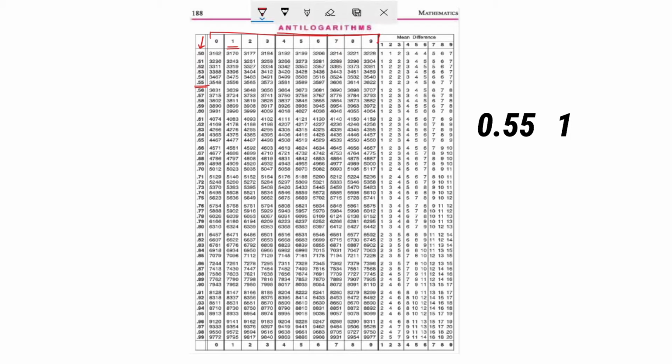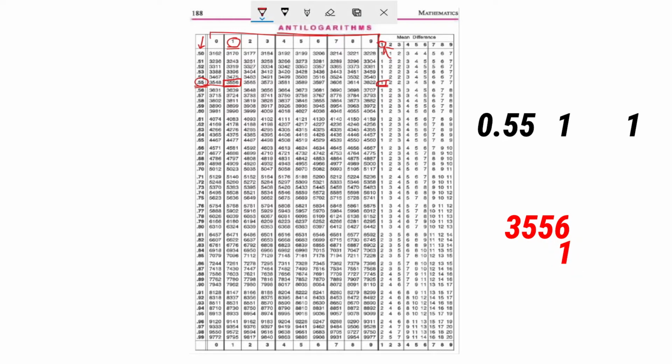So corresponding to 0.55 and 1, you will get this number: 3, 5, 5 and 6. Then we have to look for the third number in the difference column. Corresponding to 0.55, 1 and this mean difference, we will get this number. So we have our numbers here, 3, 5, 5 and 6, followed by 1.